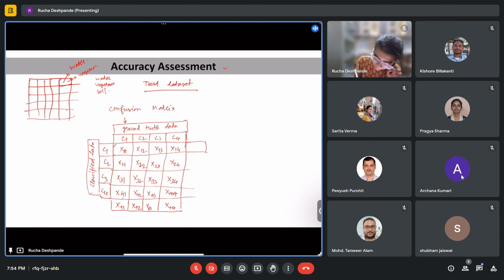And this would be the total number of pixels which are classified as class 1. So this is the notation. And then here we would have the total number of all the pixels.